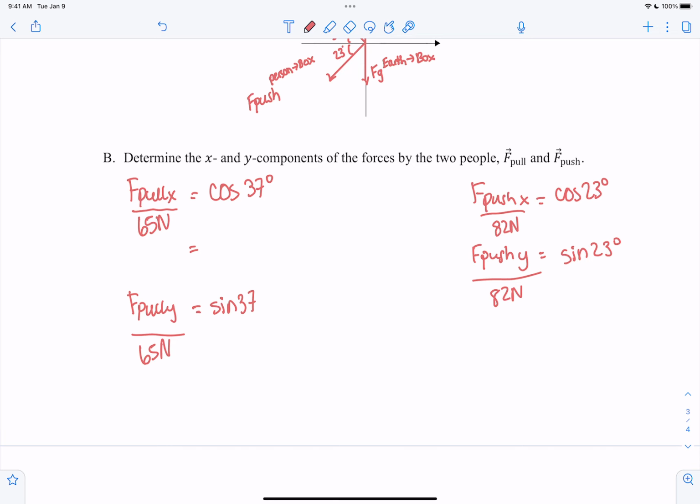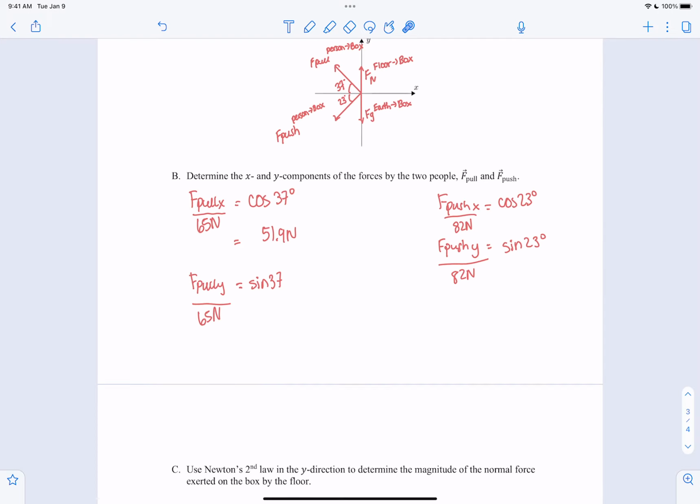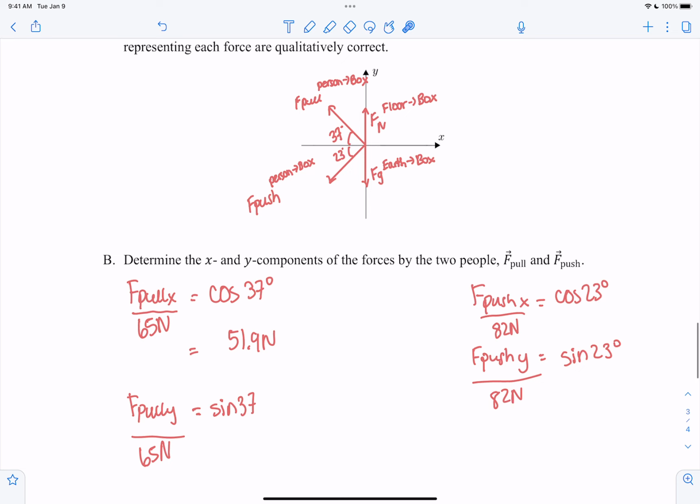Any takers? 65 times cosine 37. 51.9, there we go. However, that's negative 51.9 newtons, right?